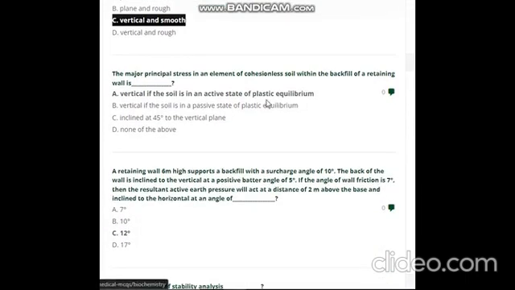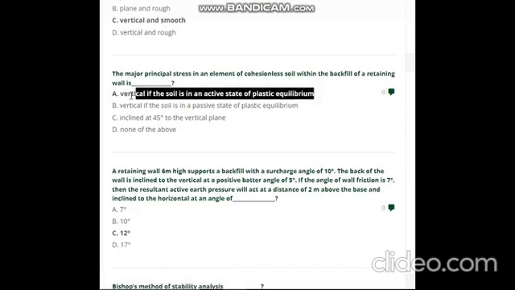The major principal stress in an element of cohesionless soil within backfill of retaining wall is vertical if the soil is in an active state of plastic equilibrium. A retaining wall 6 meter high supports a backfill with the surcharge angle of 10 degrees.